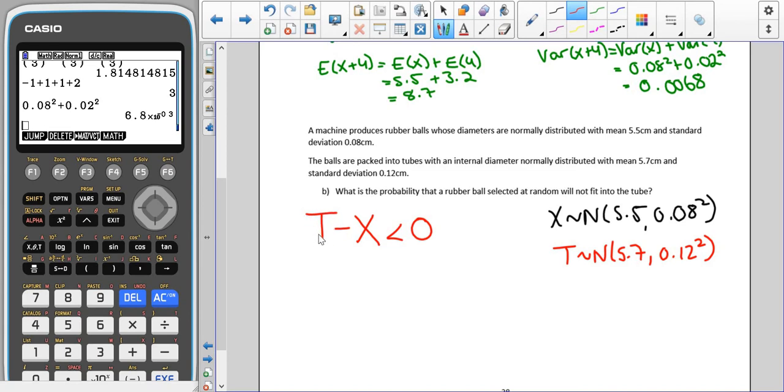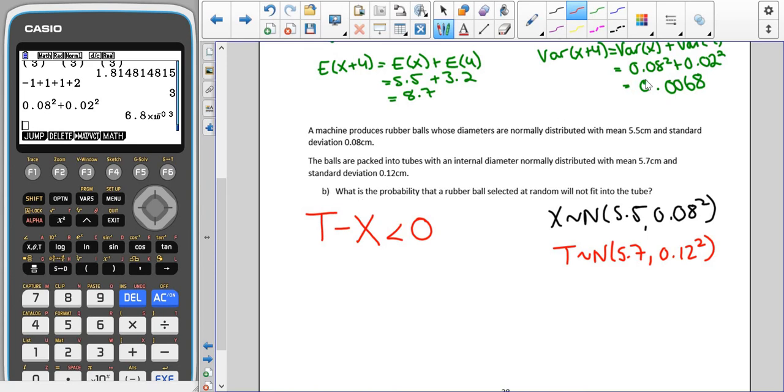Because if the tube was bigger than the ball, one, it would fit, and two, that would give me a positive number. But I'm wanting it so that the ball does not fit in the tube. So I'm wanting T minus X to be less than 0.